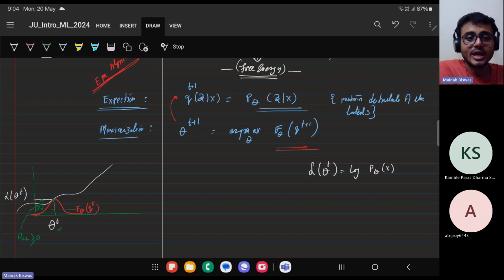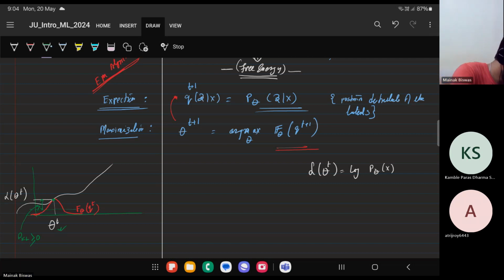Now, once you do that, you will select your q t plus 1, right? As soon as you select your q t plus 1, this will become something like this: f theta of q t plus 1. This will become your theta t plus 1.